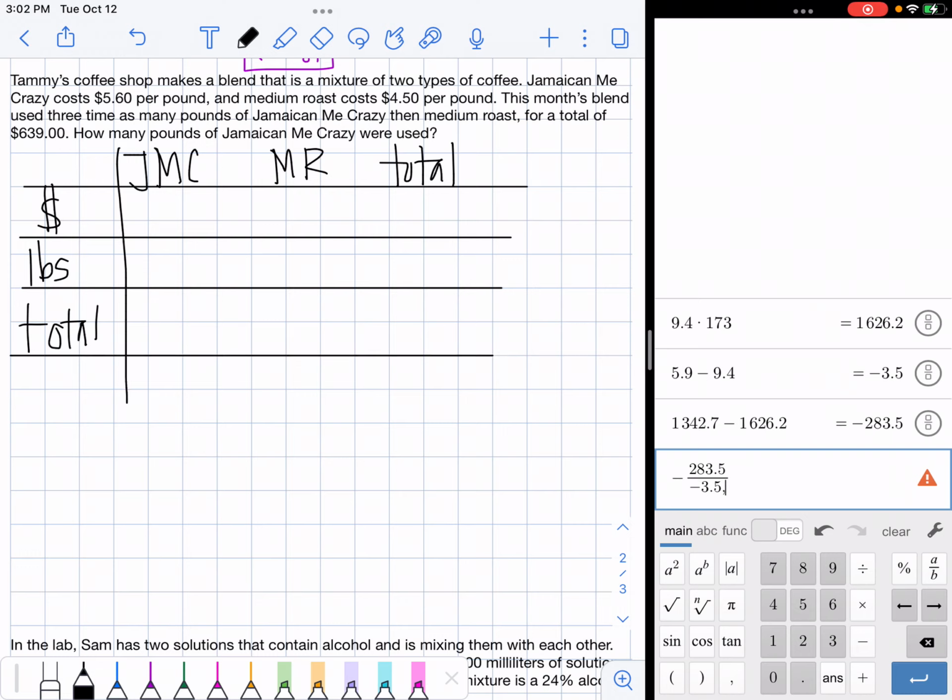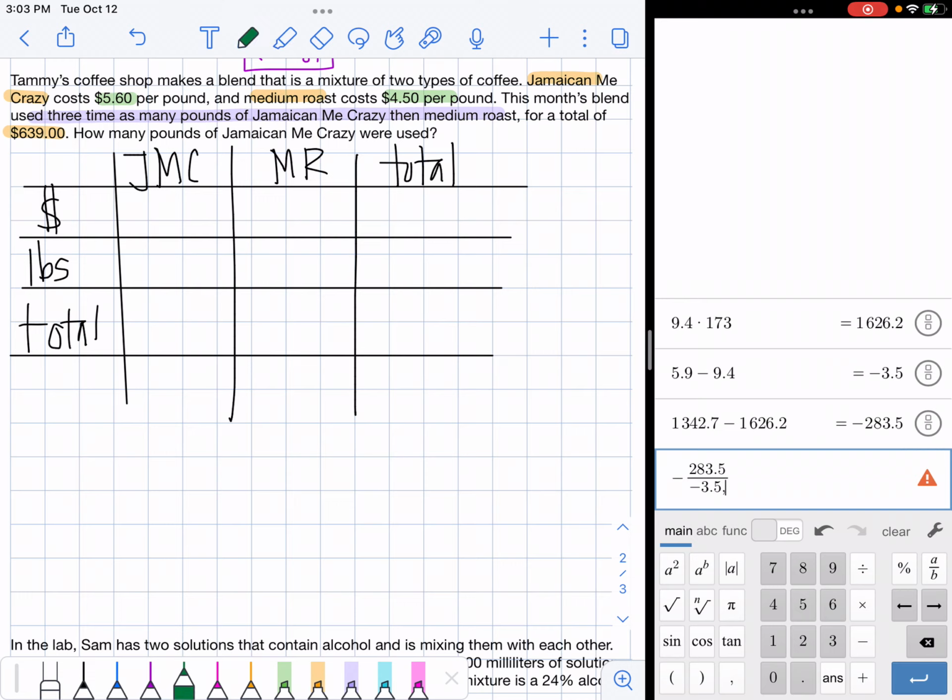So let's figure out what they have. We have our money, $5.60 per pound and $4.50 per pound. And then we have 3 times as many pounds of Jamaican Me Crazy than medium roast, and then they give us information about more money. Okay, so let's fill in what we have.